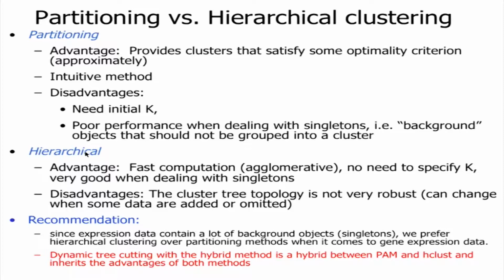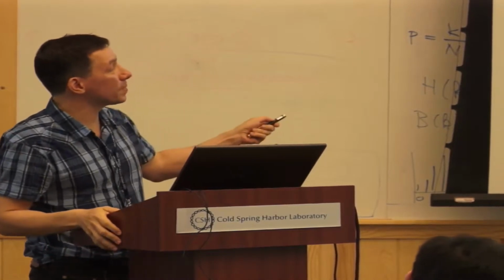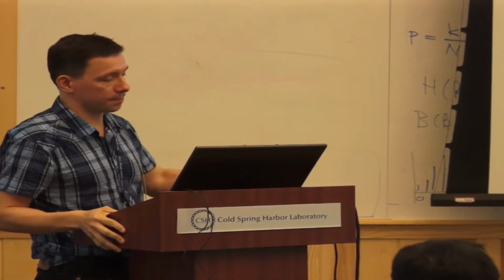These genes are not even expressed, they do nothing. And they really form what we call singletons. They are separate. Now, if you have a partitioning method, then often these methods struggle with that. They will take these 30,000 background genes and just shove them into clusters. Why? Well, because you told them there are 50 clusters, and so they shove them into these 50 clusters. And so that's another major disadvantage of partitioning methods.